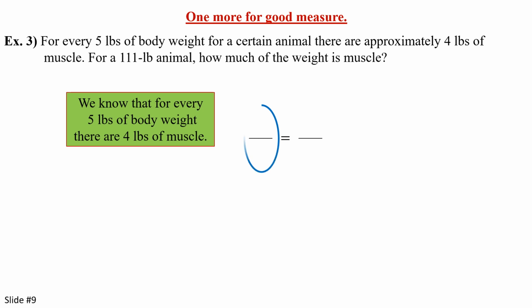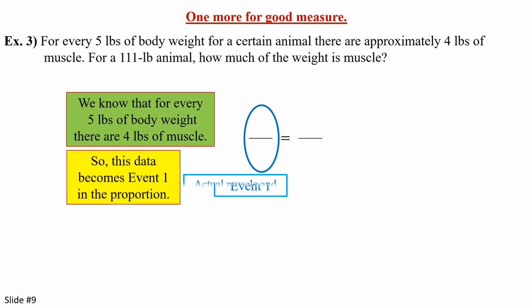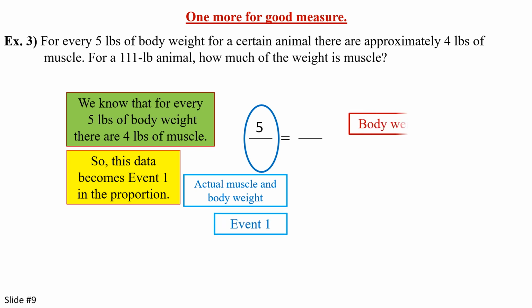So I'm going to use that as event 1. Actual muscle and body weight. I'm going to put body weight on top and muscle on the bottom. I can't use pounds because they're both pounds, so I can't use the units, so I have to use what they represent. But body weight on top, muscle on the bottom.